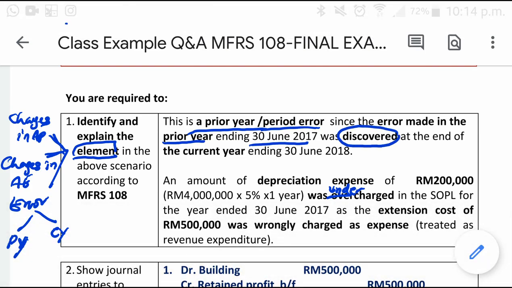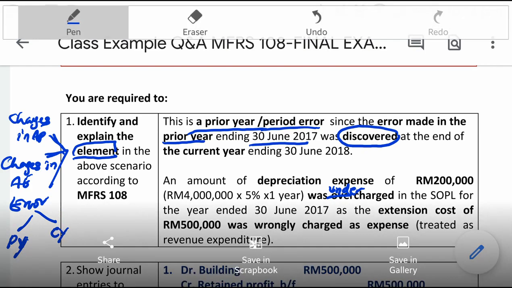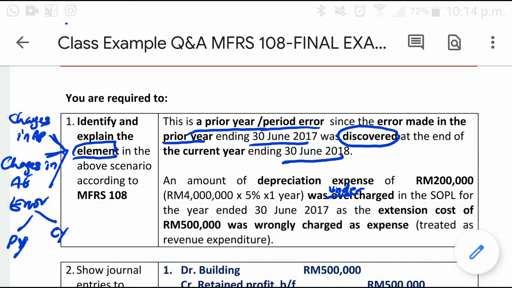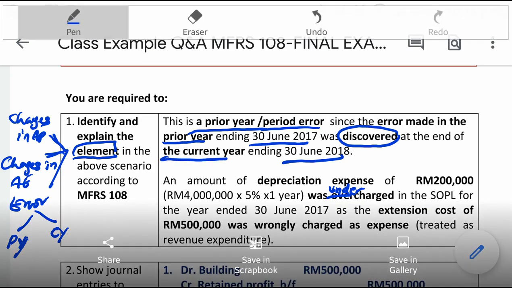The evidence was there, so you cannot simply let your financial statement keep that particular error. You need to go and rectify the error, and that was discovered at the end of the current year. So, an error in the prior year discovered in the current year.